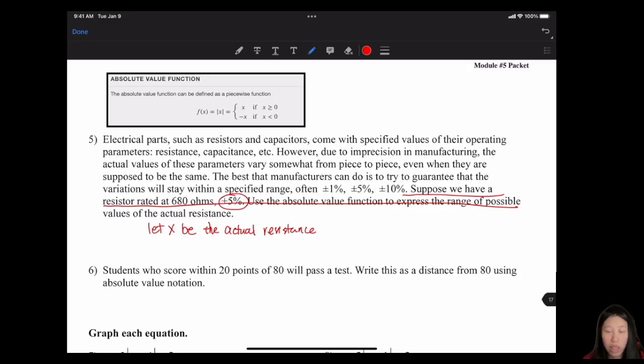We want it to be controlled within 5%. So 5% is equal to what? That means 680 times 5% equals 34. In this specific example, the margin of error would be 34 ohms.